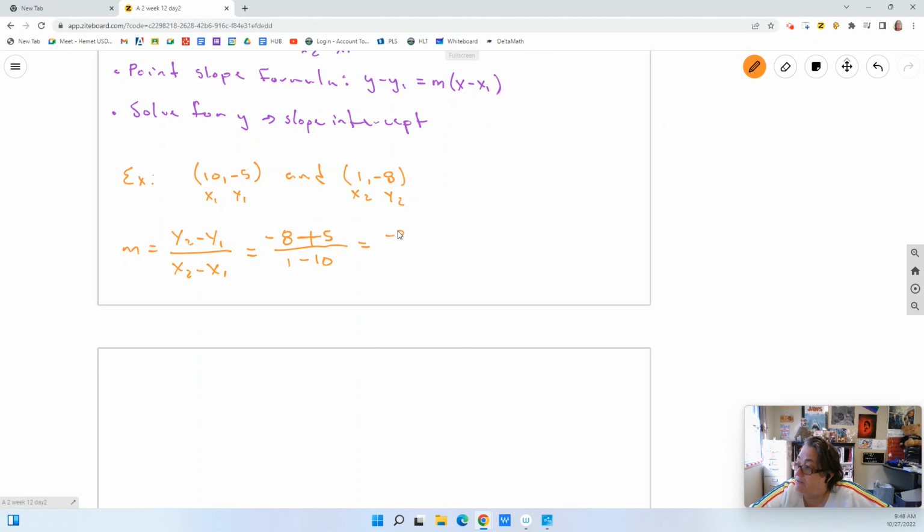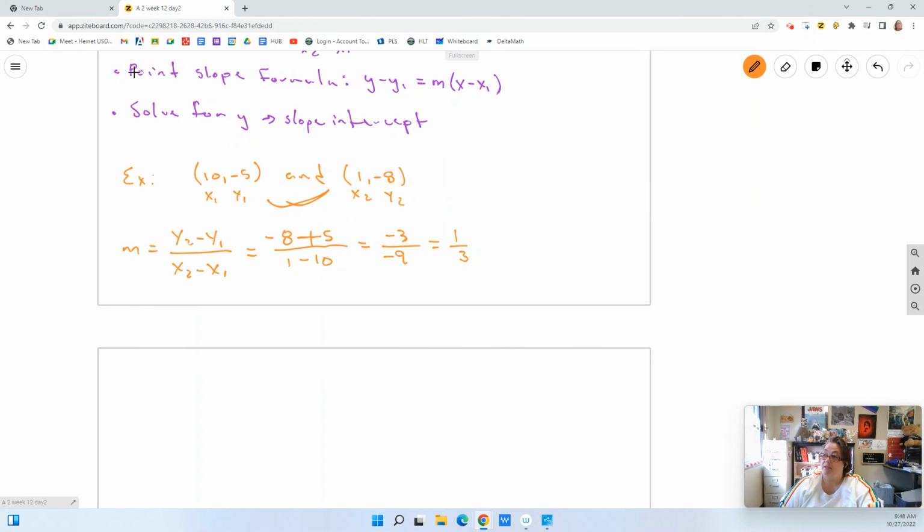Well, that's just -3 over -9, right? Negative over negative is a positive, and when I reduce this fraction, I have a positive 1/3. So I have m equals 1/3, and I can use either one of these as my point, right? So now we have a point and a slope.